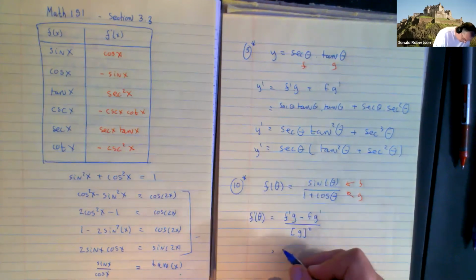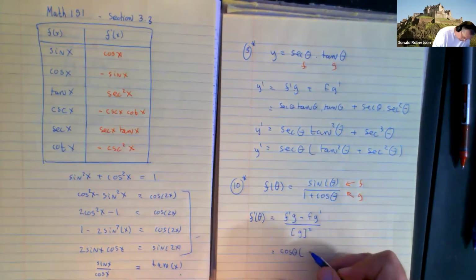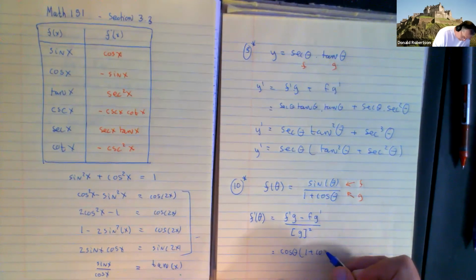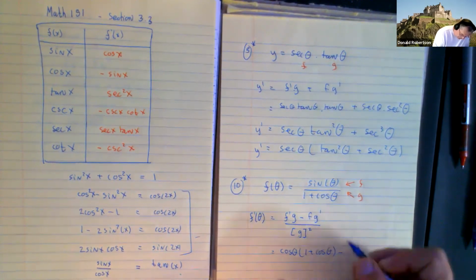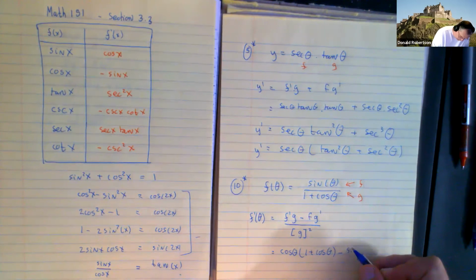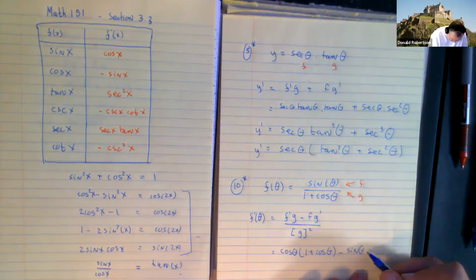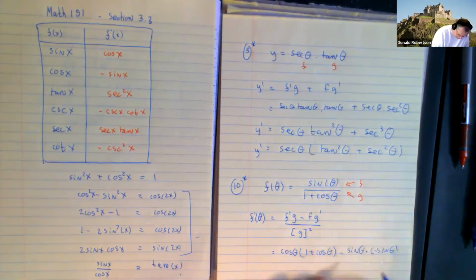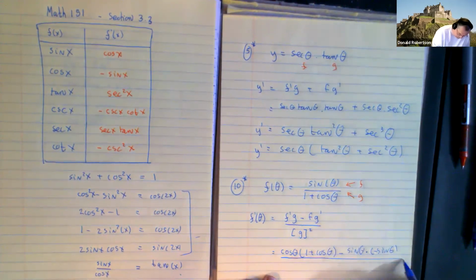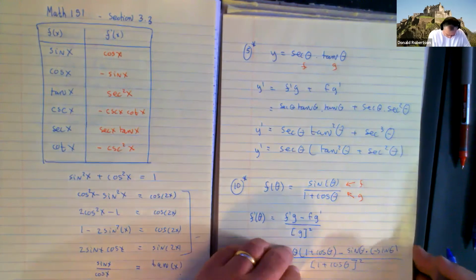You differentiate this guy, you get cosine theta, leave this guy alone. Take away, leave that guy alone. And if you differentiate a 1 plus cosine, you get a negative sine, all over that guy squared.